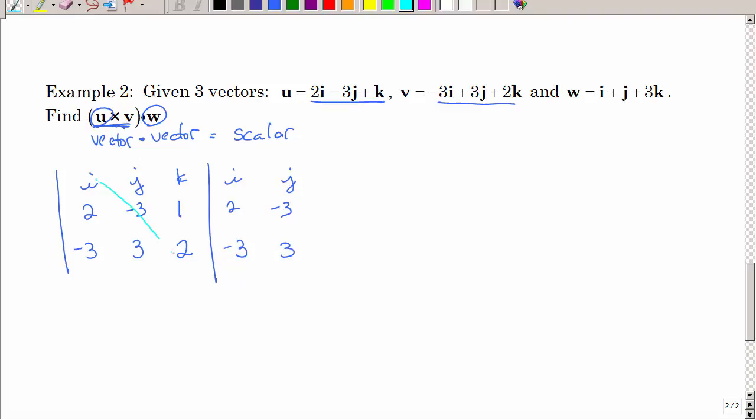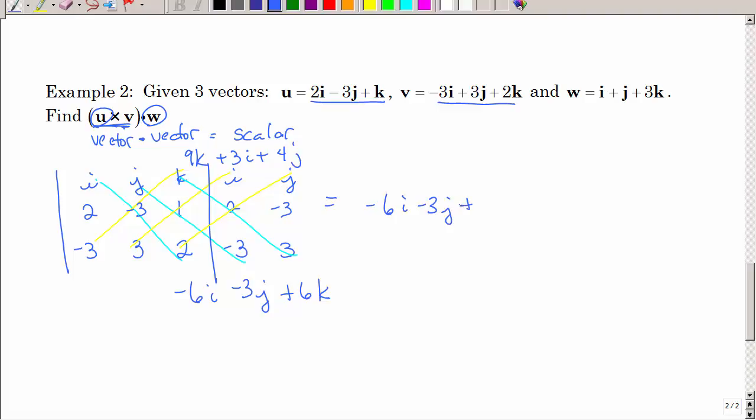All right, so I'm going to do the downs and multiply. So I have negative 6i minus 3j plus 6k. Then I'm going to do my up diagonals. So it's a 9k plus 3i plus 4j. So here are my downs, and I want to subtract the ups.